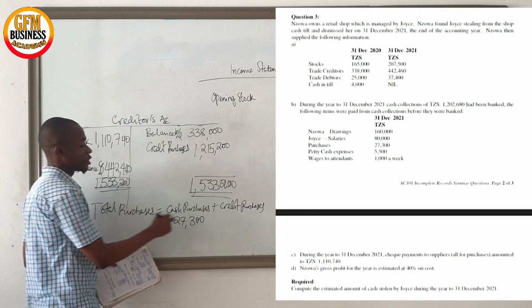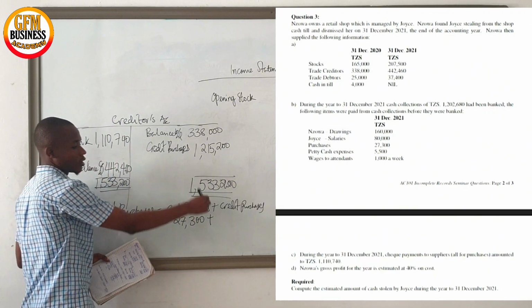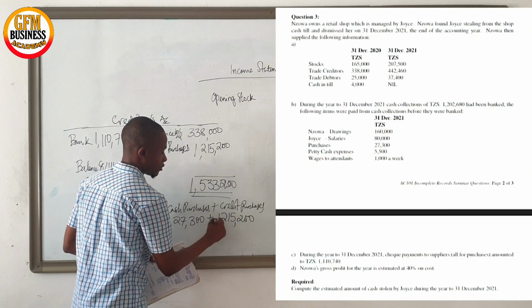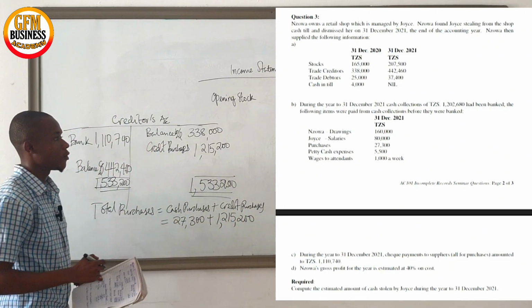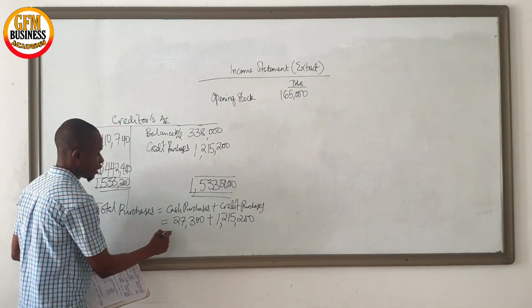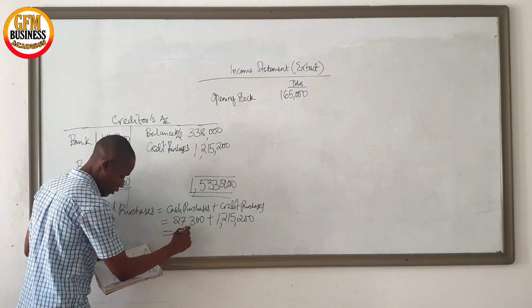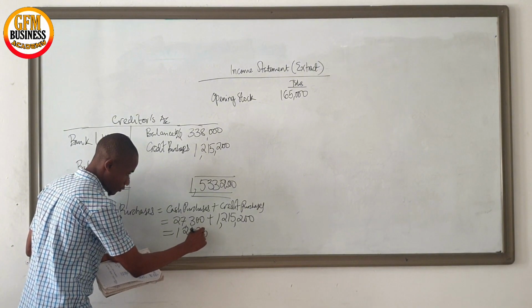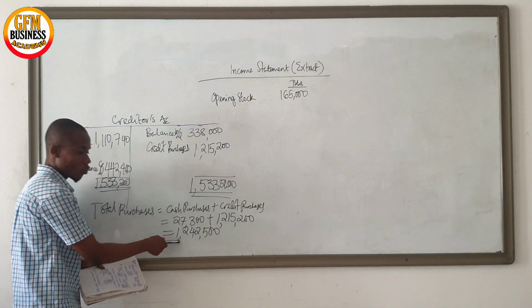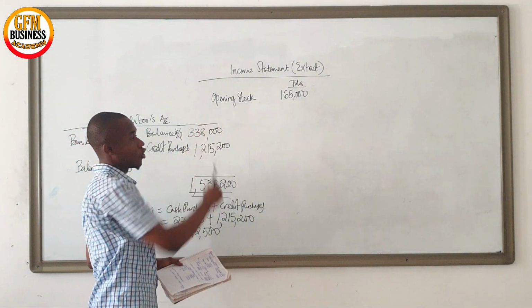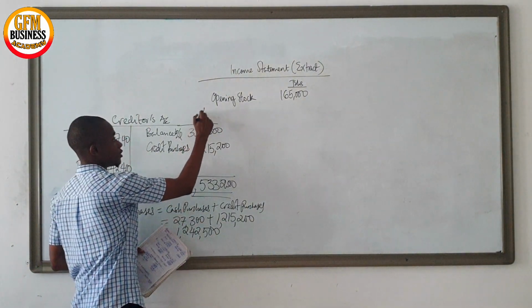In order to get total purchases, you add 1,215,200. When you add up, what do you get? You'll find out that total purchases will be 1,242,500. Once you have this as total purchases, now you can apply it on your income statement extract.